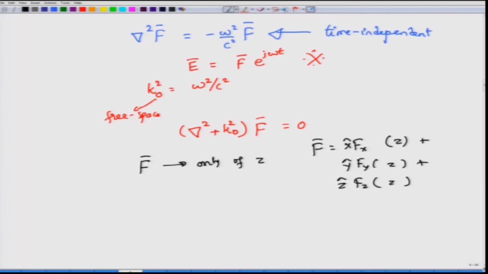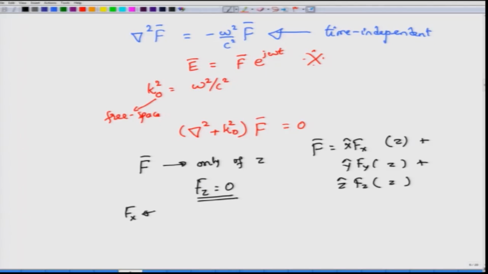So, all of these components fx, fy and fz are functions of z. Now, I am going to assume another thing, that fz is equal to 0. Further, for now let me just focus on fx.